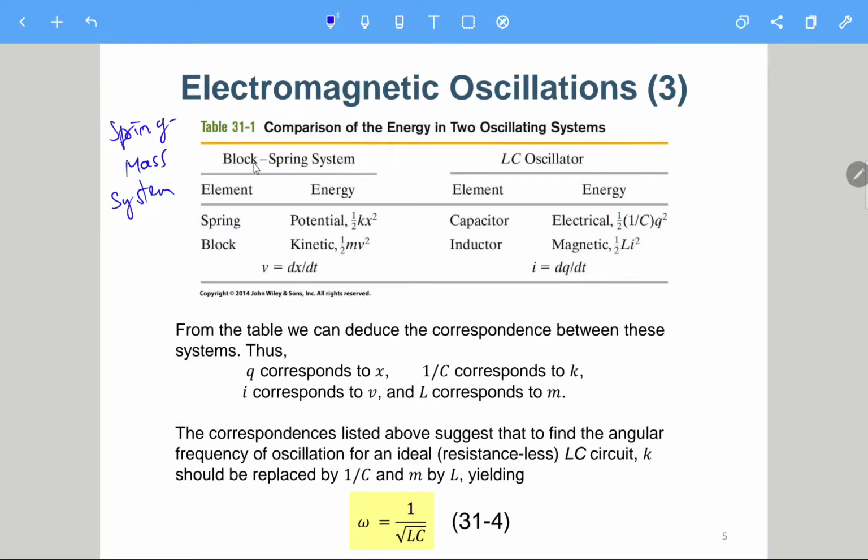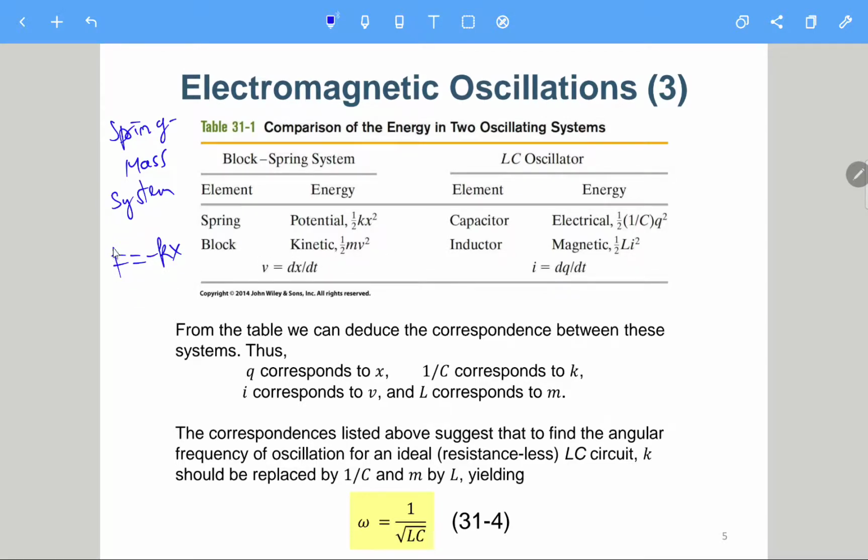For the block spring system, we have a spring, and according to Hooke's law, F equals minus kx. I suppose you should remember.